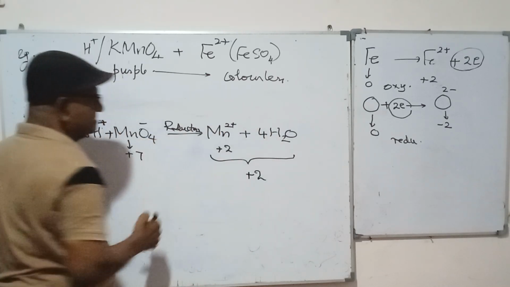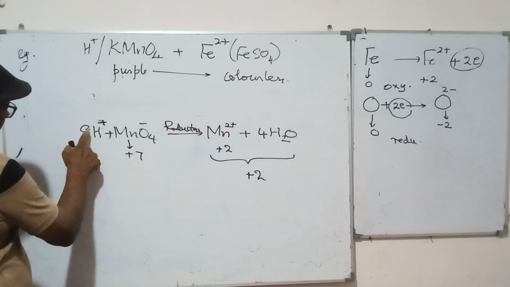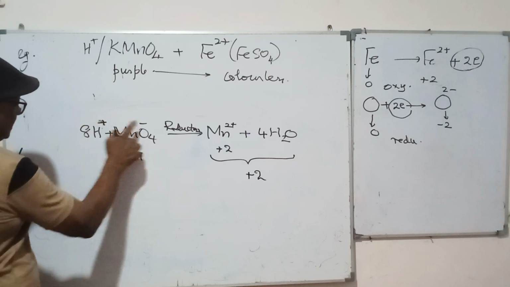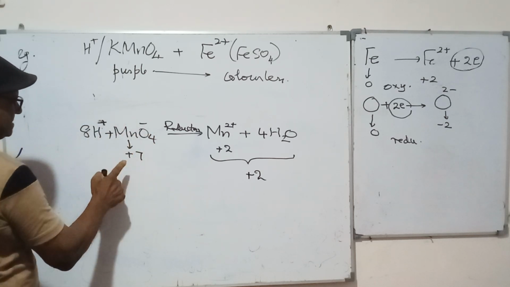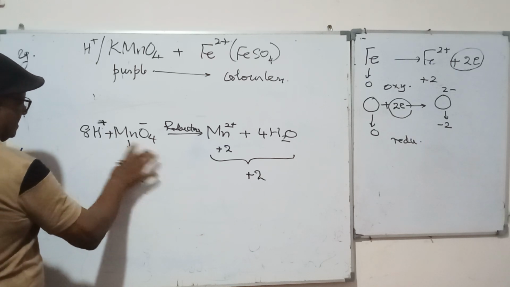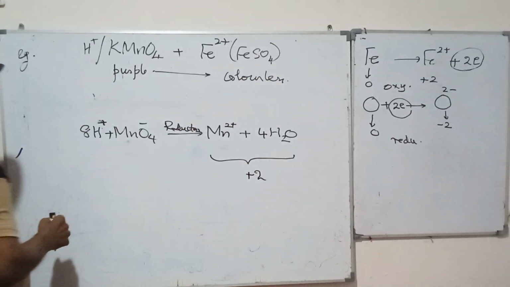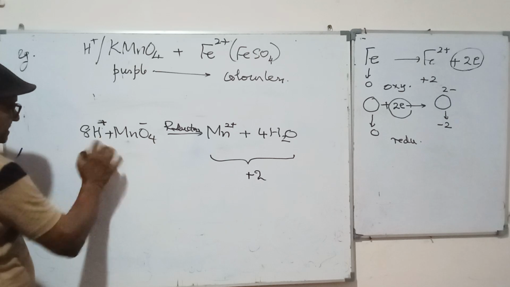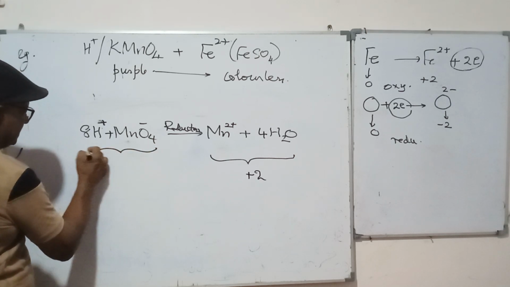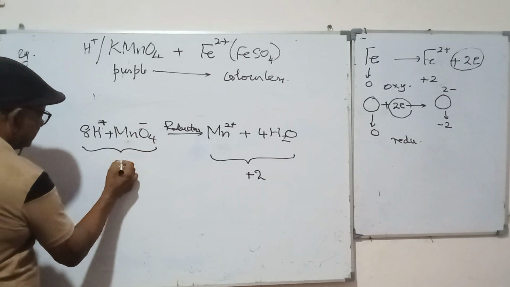This side: 8 plus and 1 minus. I'll erase the auxiliary state, no need now. Then the charge this side, 8 plus and 1 minus, means plus 7.